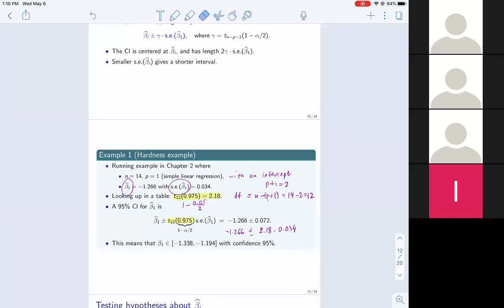You repeat it another time, you get a different interval. So what this is saying is that 95% of those intervals contain beta 1. This is one of them. It's a tricky interpretation, but that's what a confidence interval is.